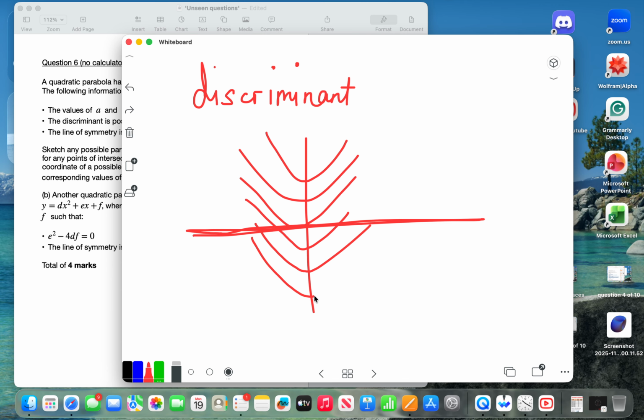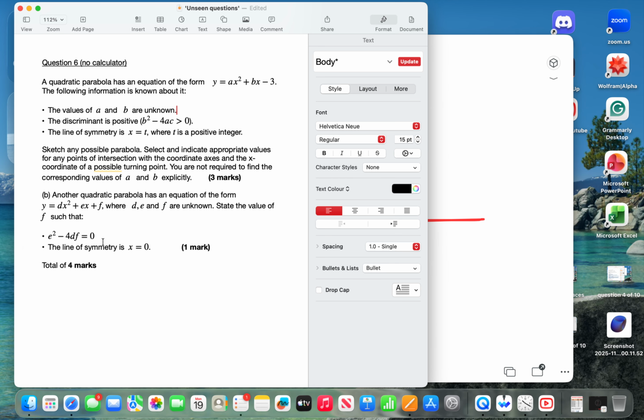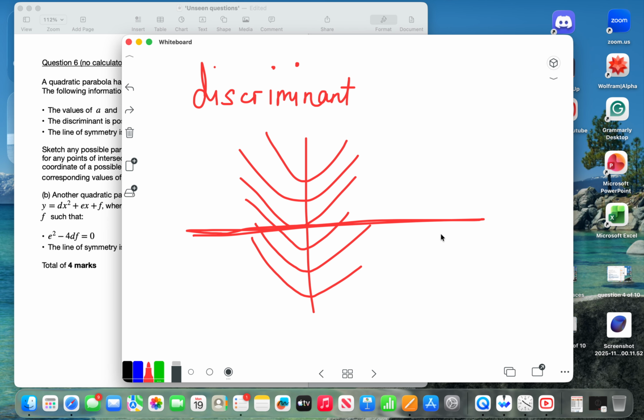The sketches are not too good, but the point is you see that the line of symmetry is x equals 0 because the turning point has x equals 0. Of course they're not symmetrical, but the idea is these each would satisfy the second condition. If I spent a bit more time sketching them out perfectly, but we need it so the discriminant is 0 and it only touches at one point.